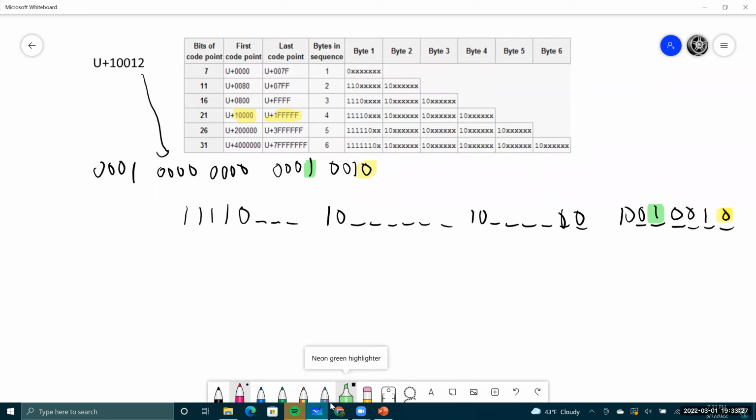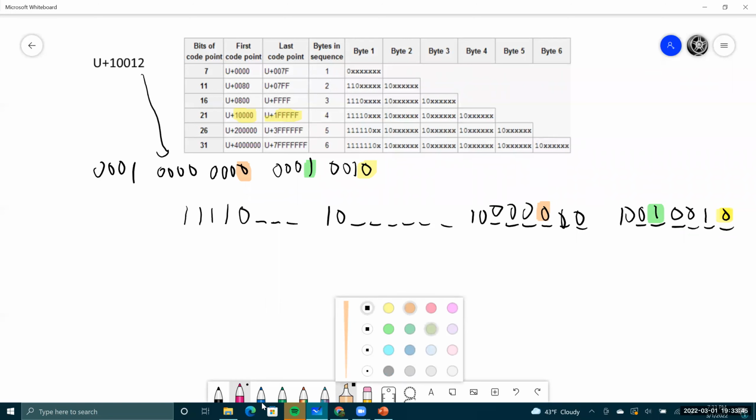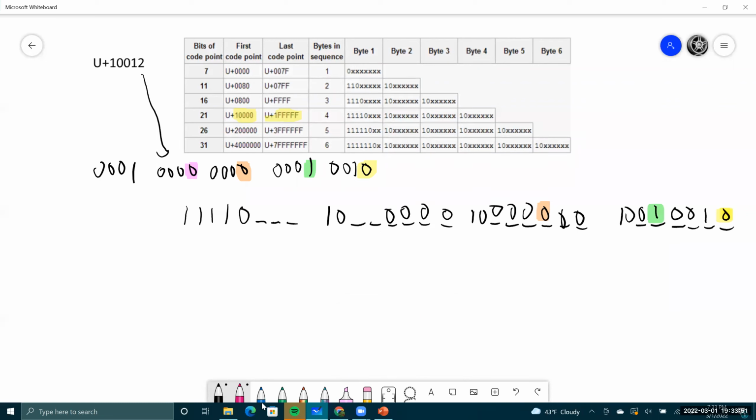Then let's do the next color, orange. This 0 would be over here, 0, 0, 0, 0. Then let's do pink. This would be 0, 0, 0, 0. And the last one, let's do blue.